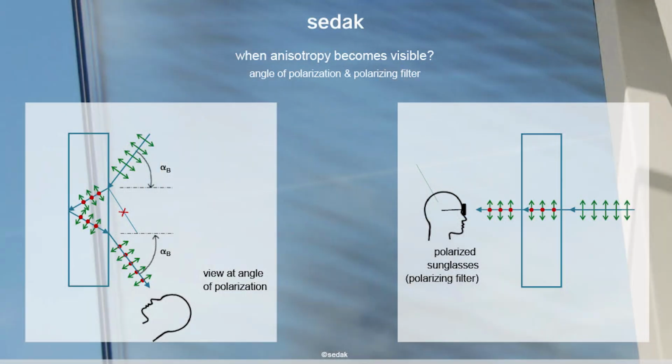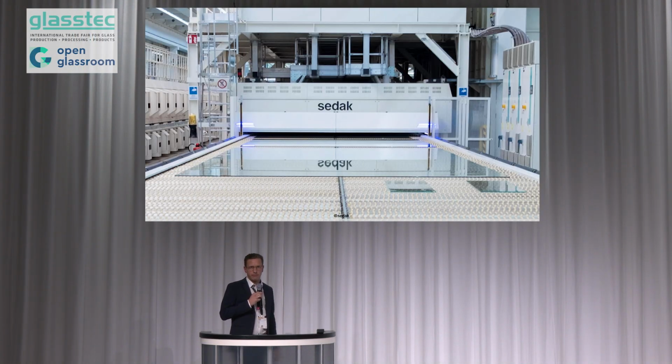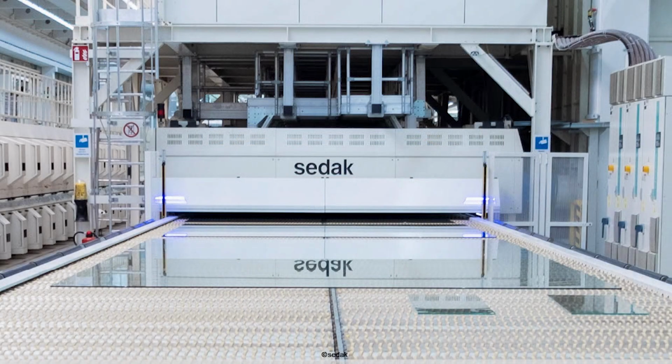Either at the angle of polarization, which is around 56 degrees, and there you see the stress differences really with the naked eye, or when we have a look perpendicular using polarized filters or polarized sunglasses.